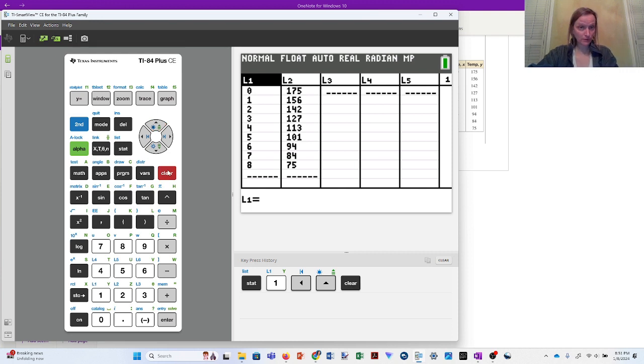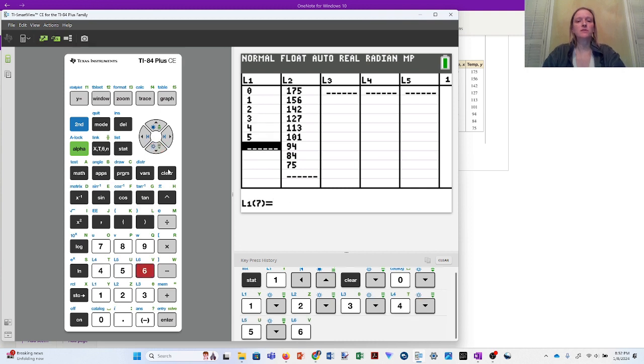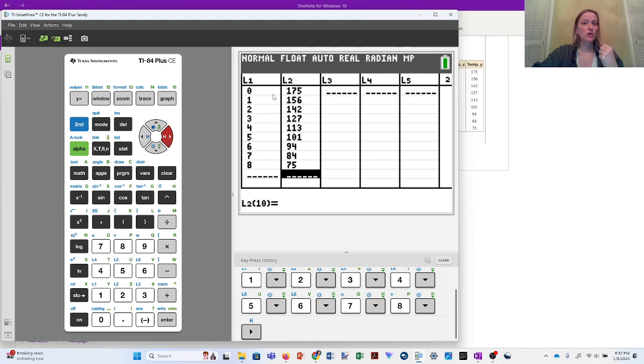When you click clear, it doesn't look at first like anything's cleared, but if you toggle down, you can see that the list has disappeared. As it turns out, this is actually the data that we want to graph. So I'm going to go back in here and type the x values, 0, 1, 2, 3, 4, 5, 6, 7, 8. And the y values are already what they're supposed to be for this problem.